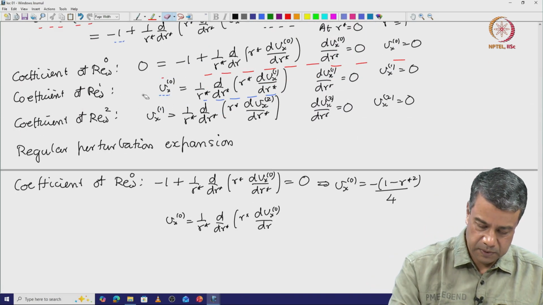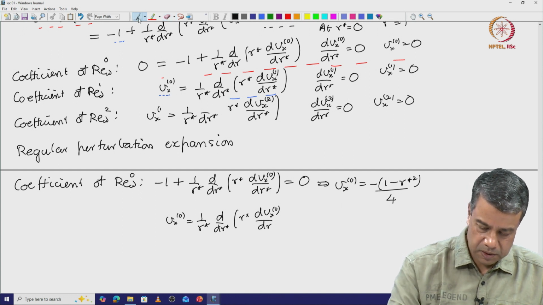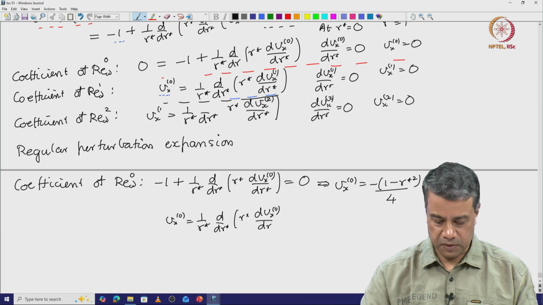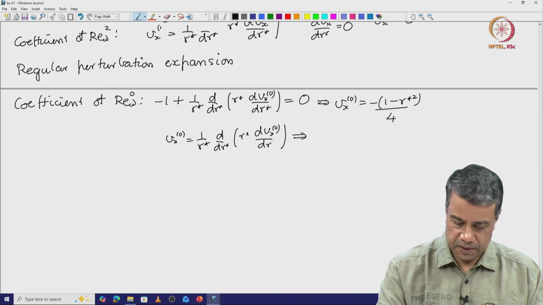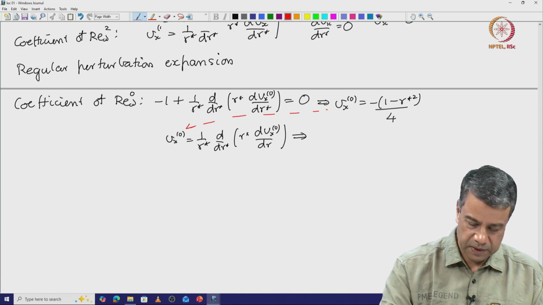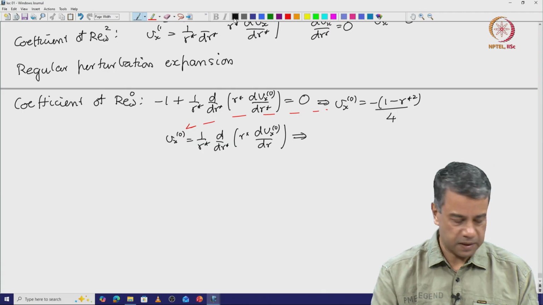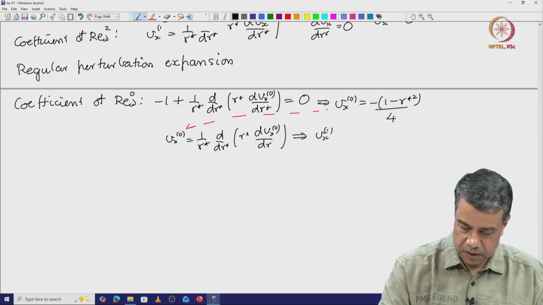So, I am taking this equation subject to the boundary conditions. This can be solved now because we just substitute Vx naught over here. The solution for Vx naught is substituted over here.